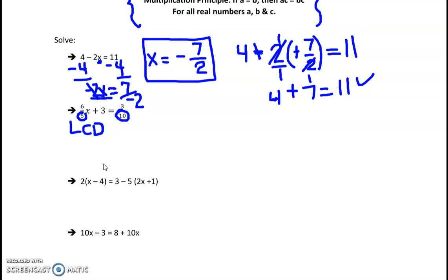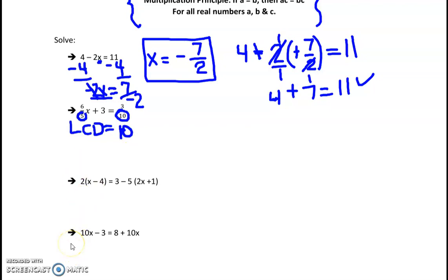So if you think about numbers that you can divide 5 into evenly, would be 5, 10, 15, 20. 10 goes into 10, 20, 30, 40. So what was the smallest number that was in both of those sets? 10. So if you multiply both sides of the equation times 10, you're going to be able to get rid of the fractions, and then the problem is going to be a lot easier to tackle.